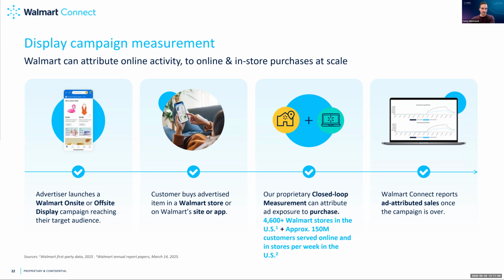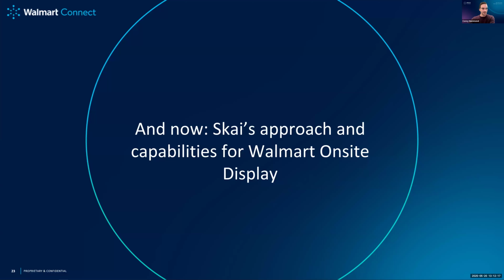So when you launch a Walmart on-site display campaign, you can leverage our closed loop measurement that includes Walmart in-store purchases. Those ad-attributed sales that occurred in store will show up in your WMC reports once the campaign is completed. So I'll go ahead and hand it off to Kevin now to show you how exactly we leverage the Walmart on-site display API within the Skai platform.